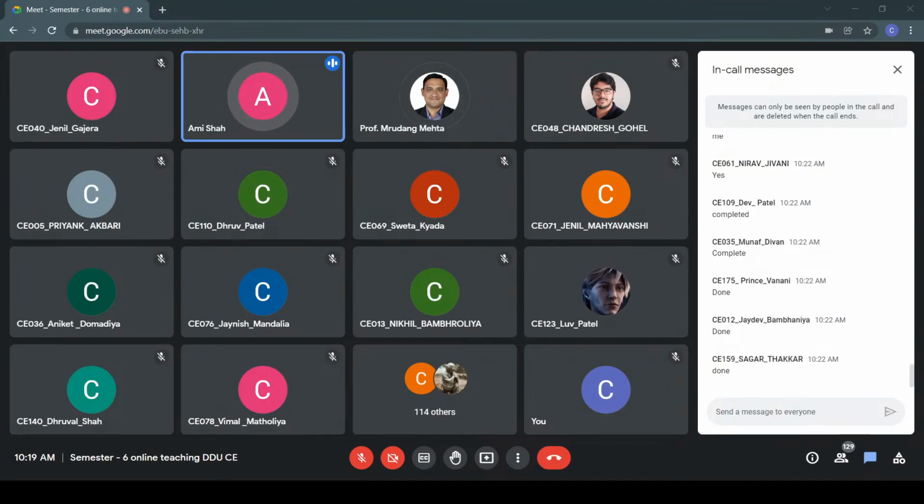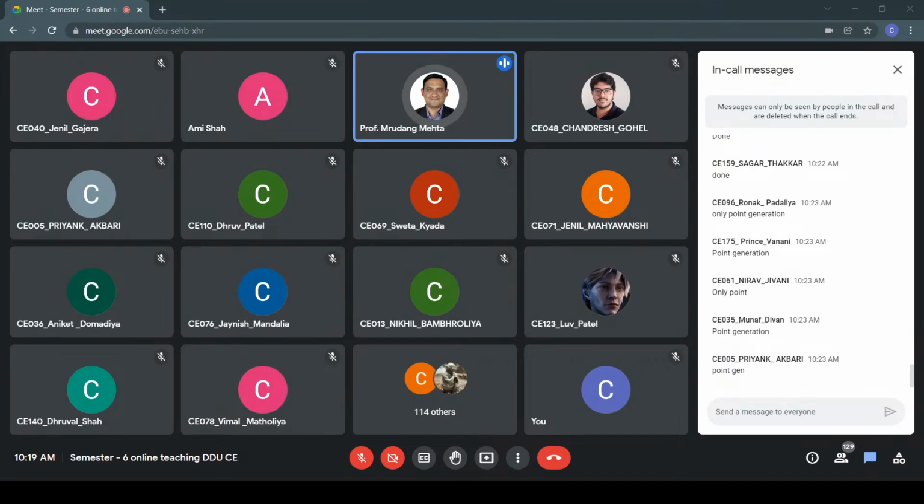Sir, sorry to interrupt you. All the students done means the whole program is done, or only point generation is done? Okay. If point generation is done, then I think key generation requires another 2-3 hours maximum. So probably they will be able to do it, ma'am.